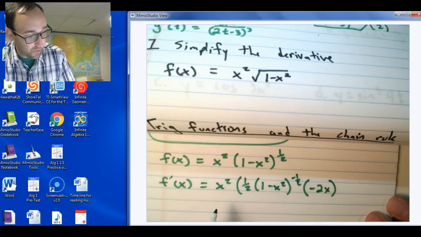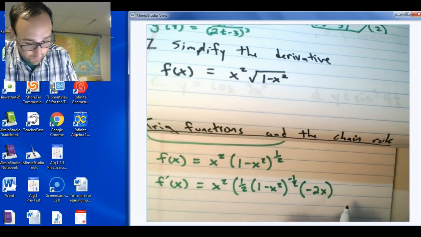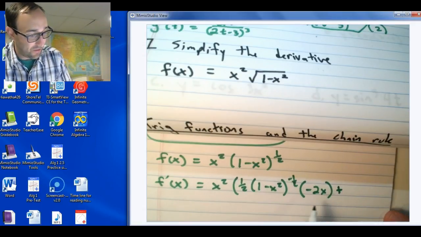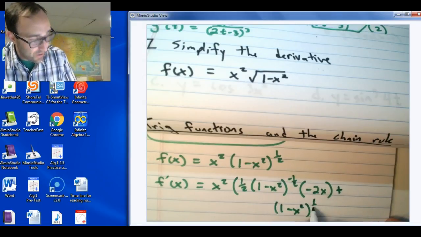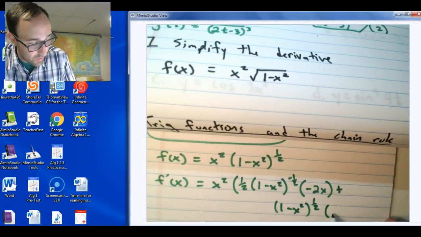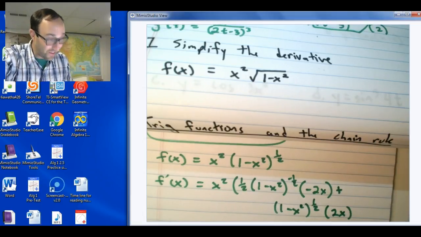Then it's going to be that thing plus the original one, (1 minus x squared) to the 1/2 times the derivative of x squared, which is 2x. And now we just have to put them all together.